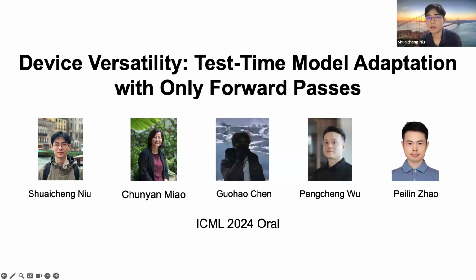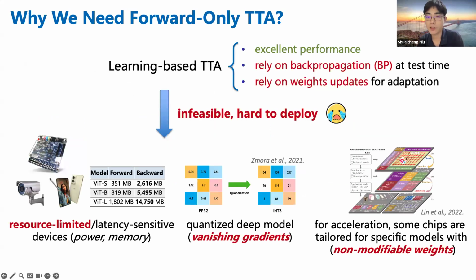Beyond the task versatility, I would also like to briefly mention the device versatility, for which we devise a forward optimization TTA method, and the paper is titled Test Time Model Adaptation with Only Forward Passes. As we mentioned, test time adaptation's good performance relies on backward propagation and updating the model weights.